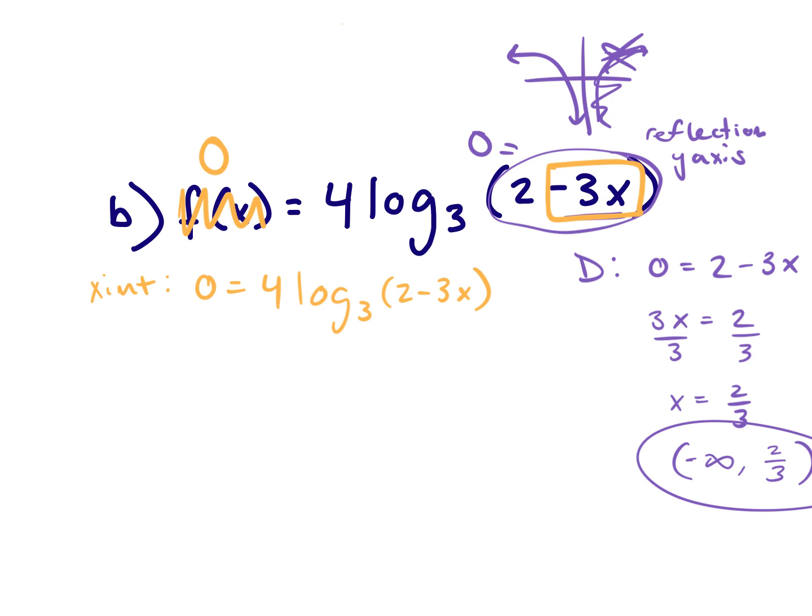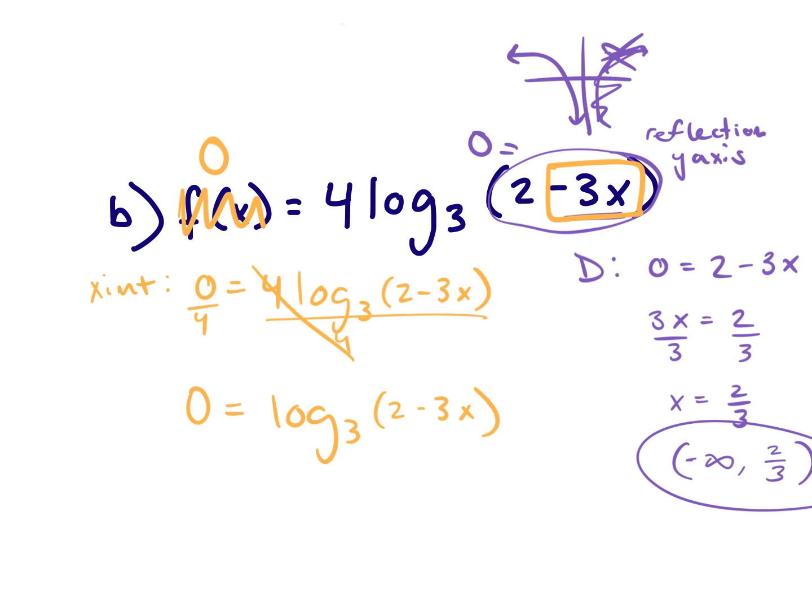So for our x-intercept, when we set it equal to 0, what would we do next to solve for x? We want to divide by 4 on both sides. Let's get the log all by itself. So we get 0 is equal to log base 3 of 2 minus 3x.